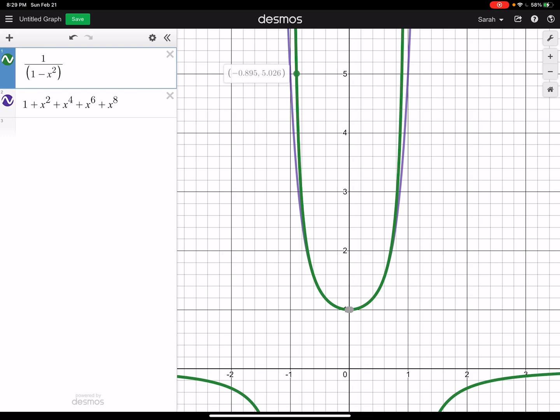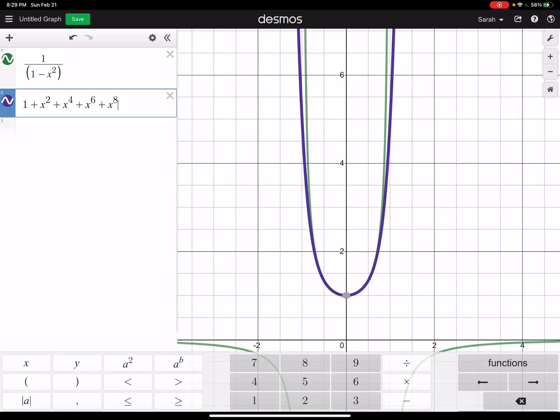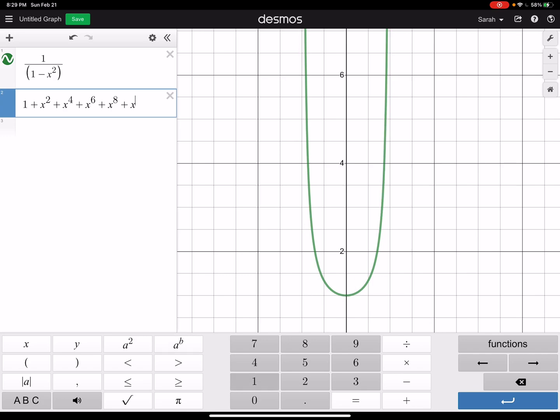Here is -1. And then as we get in here pretty close, look how close they are within -1 and 1. And I only did 5 terms. If I add more terms to this, look how much closer this is going to get. I'm going to add plus x to the 10th plus x to the 12th. And as I'm adding more terms, it's getting closer and closer between -1 and 1.